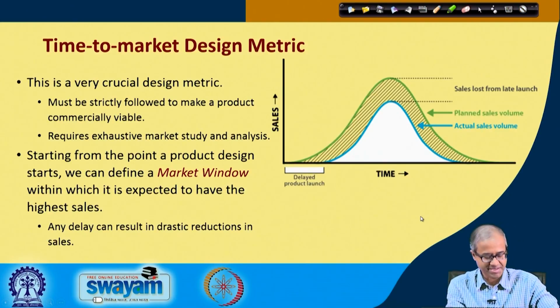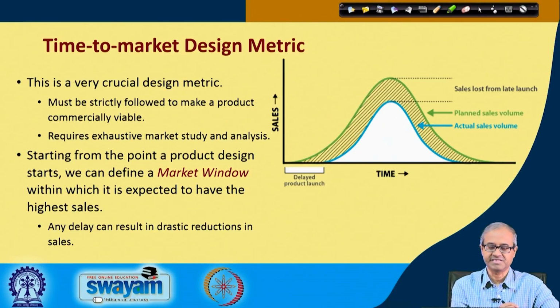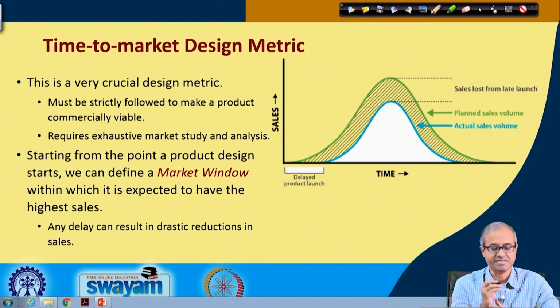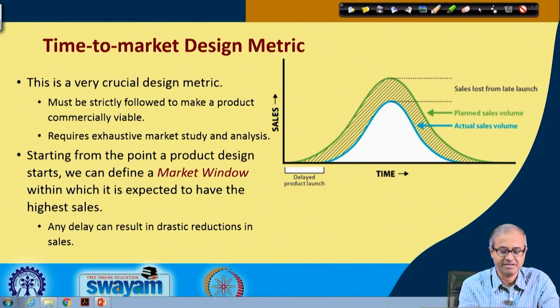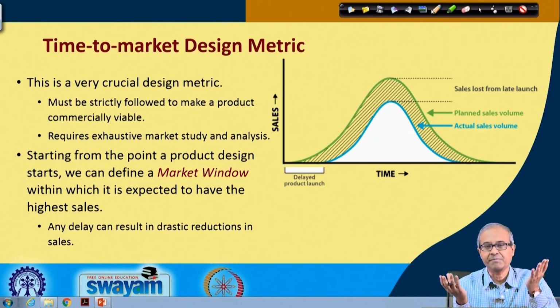Now, there is an important thing here, the time to market design metric. Let us try to explain what this means. A company, whenever it manufactures some products, has the ultimate goal of generating some profit out of it.